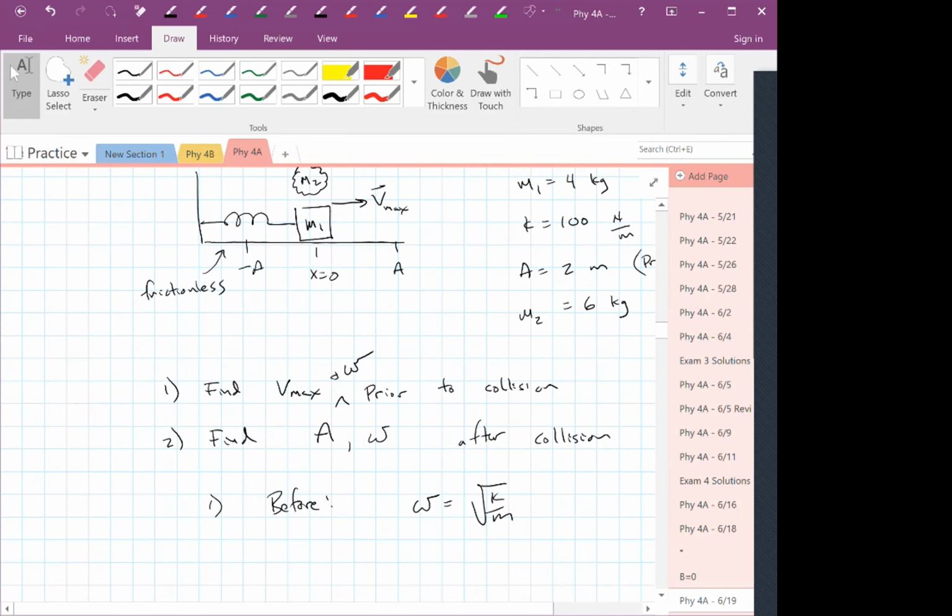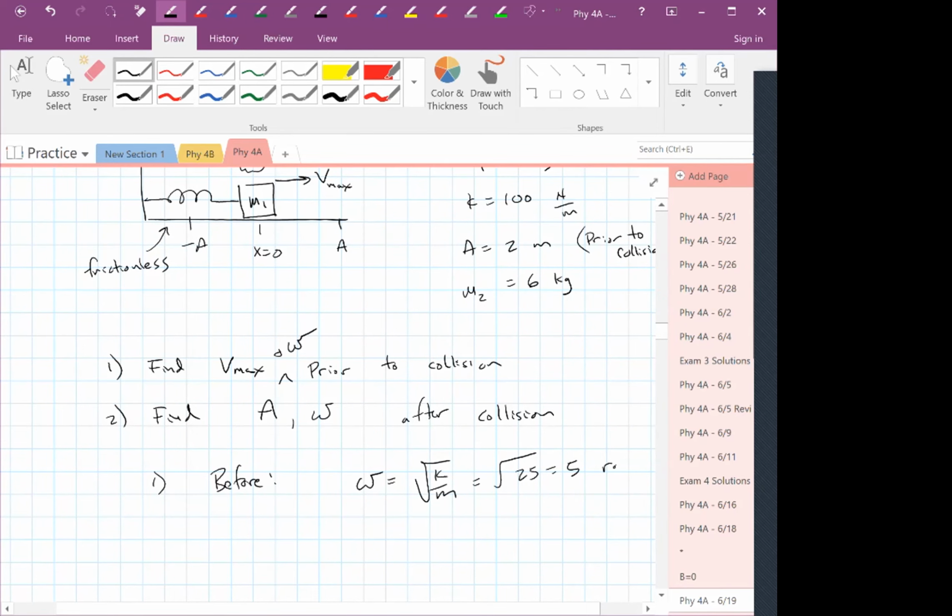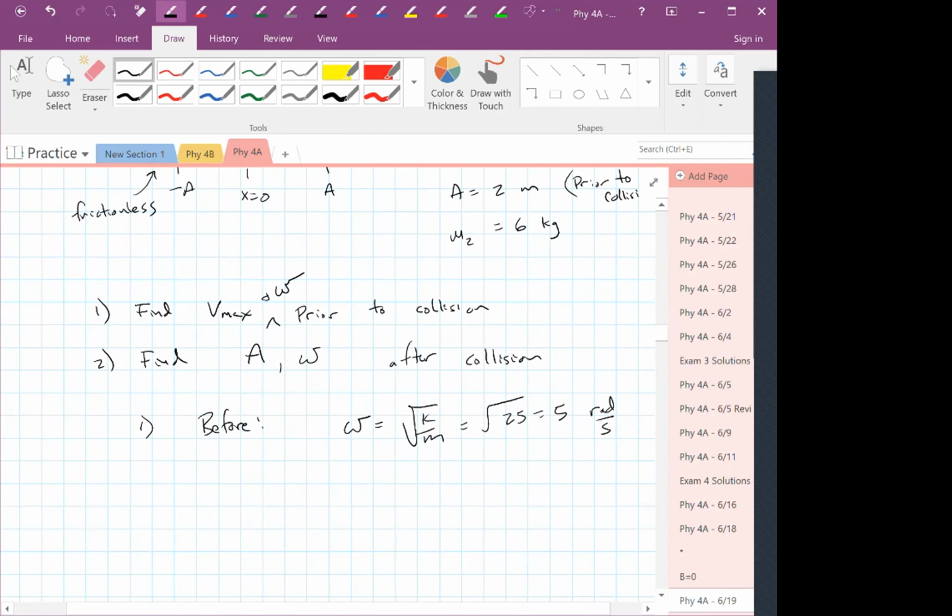We've got 100 over 4. So this tells us we can figure out how many cycles it makes per second from this, right? And our amplitude, what's our amplitude? Sorry, what's our Vmax? How can you find that?